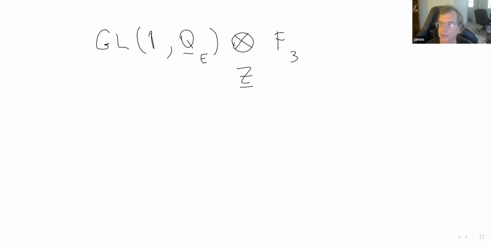Because -1 is order 2, so it's going to be killed off by tensoring with the 3-element field. Okay. So it gives us one extra. I guess it gives us one extra, which is just sort of the units direction as opposed to the primes directions.